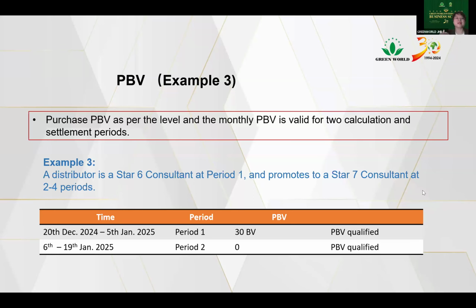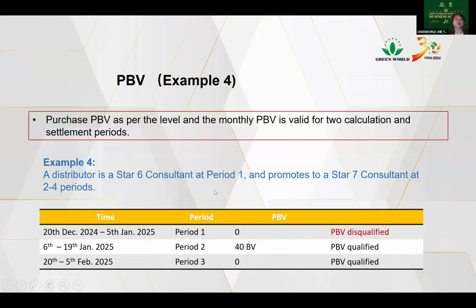Of course, we need the same person to buy the 40 BV based on the star 7 consultant at the third period. So this is another scenario. Then let's go to the next one.